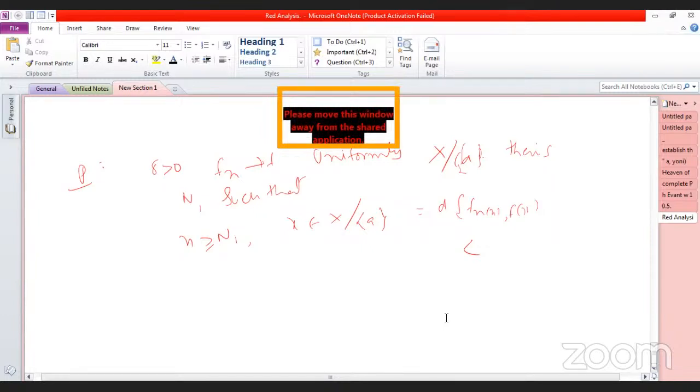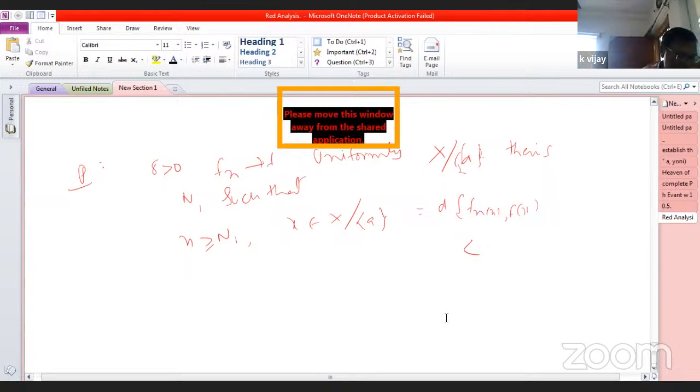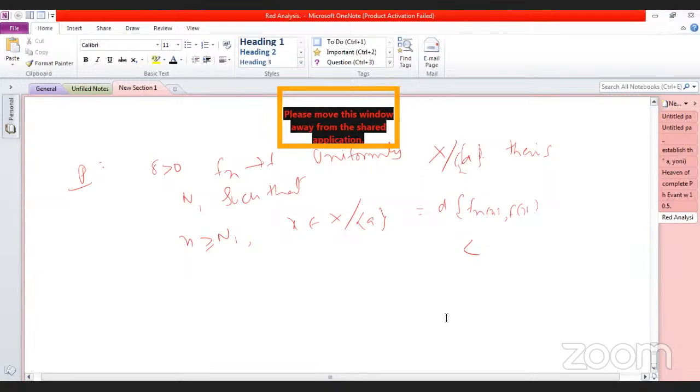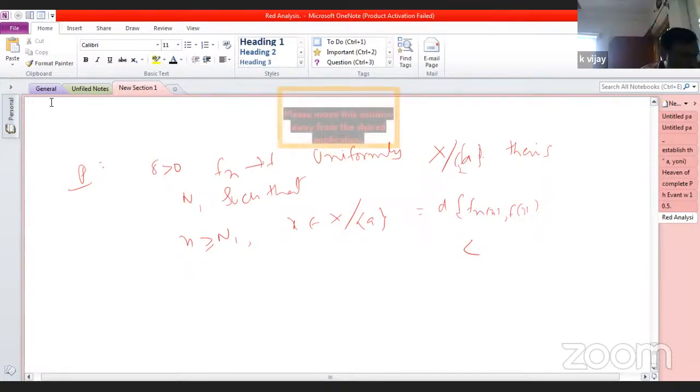Make fast. N is greater than or equal to N1. See here, d of f of n of x and f of x is less than delta.